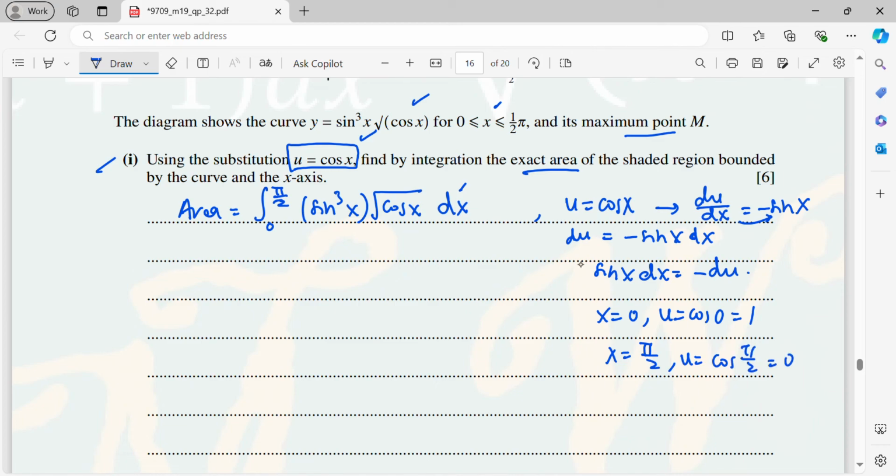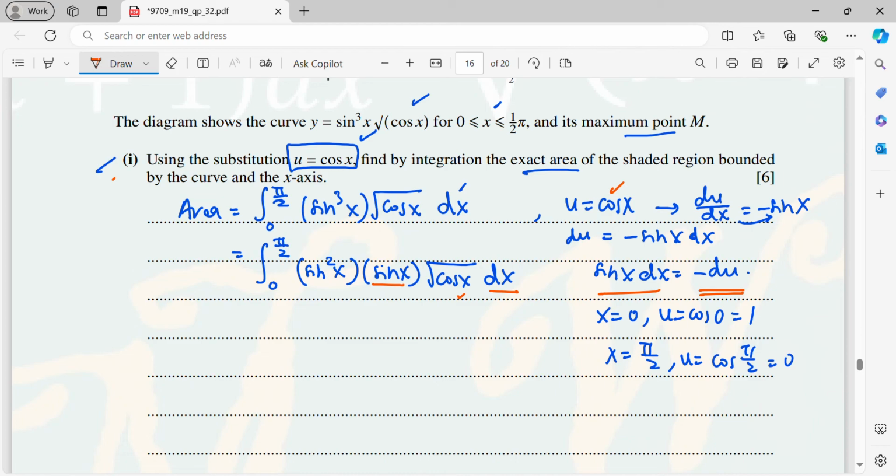That means now my area is basically, I change to the form first. Instead of sin cubed x, I change to sin squared x, then sin x, square root cos x dx. Okay, so now this sin x dx will be changed to minus du. This cos x will be changed to u.